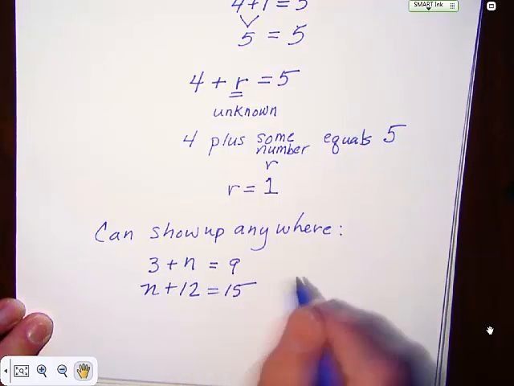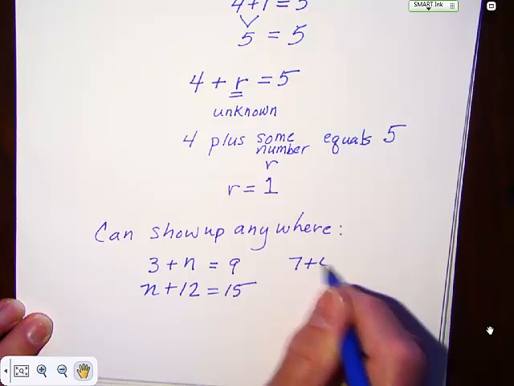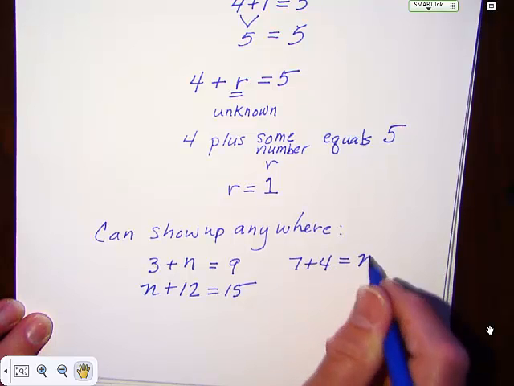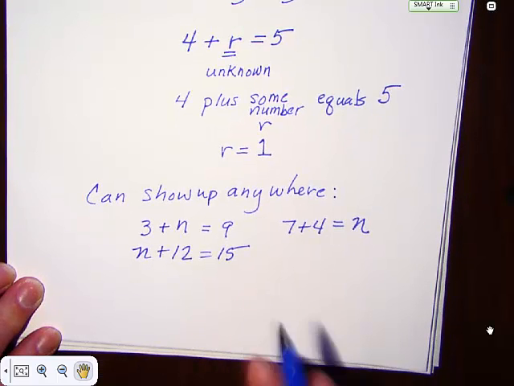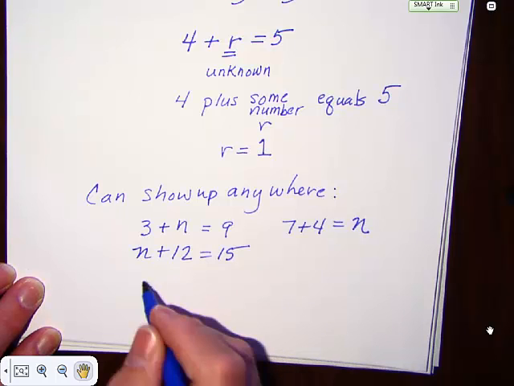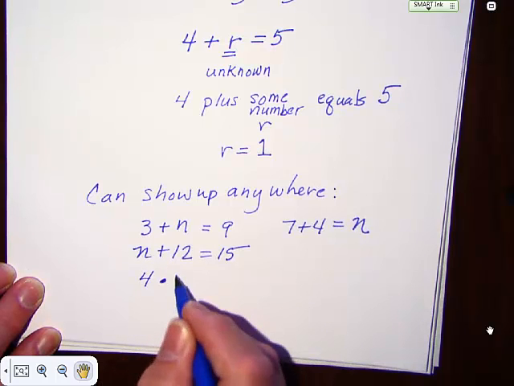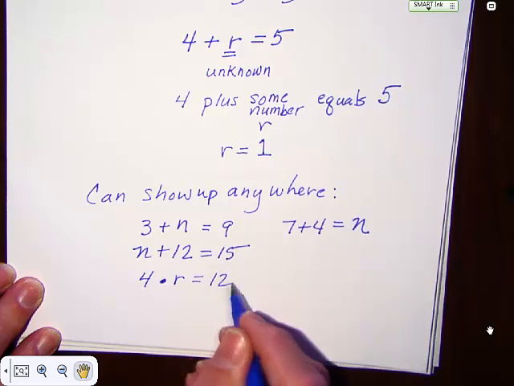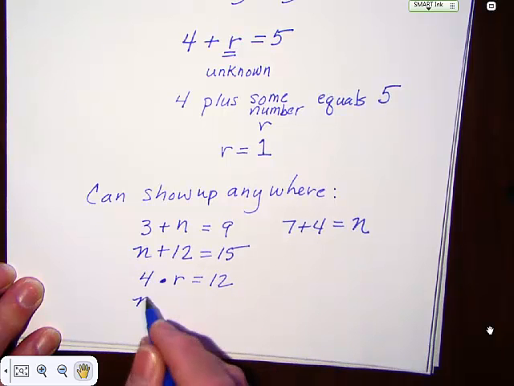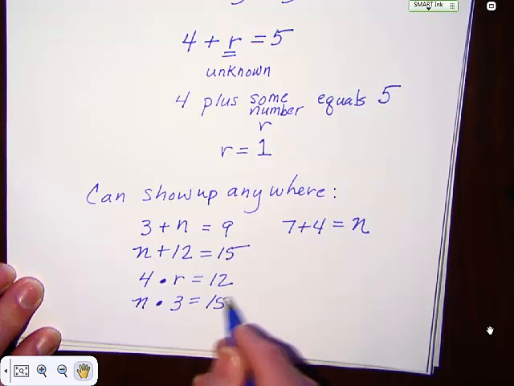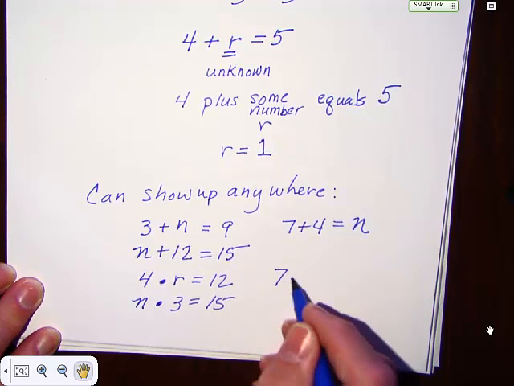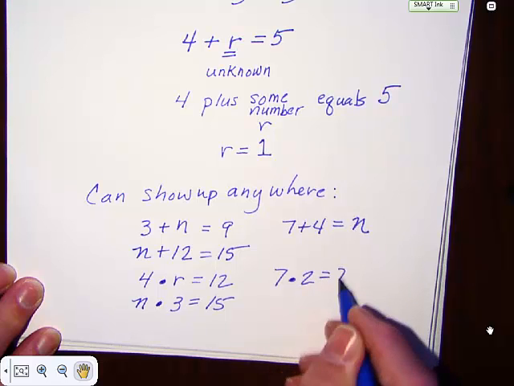It can be 7 plus 4 equals something. And if we use multiplication, and it really goes across all of the operations, 4 times something equals 12, or n times 3 equals 15, or even 7 times 2 equals n.